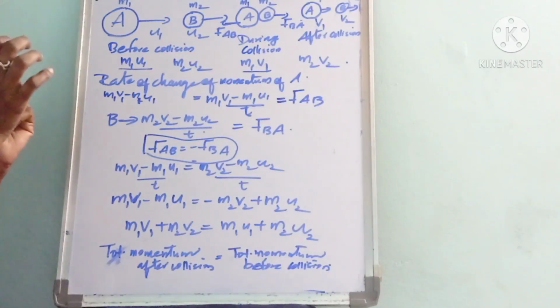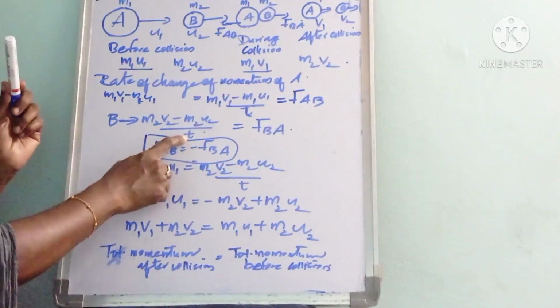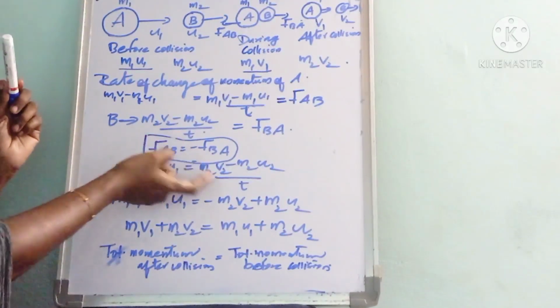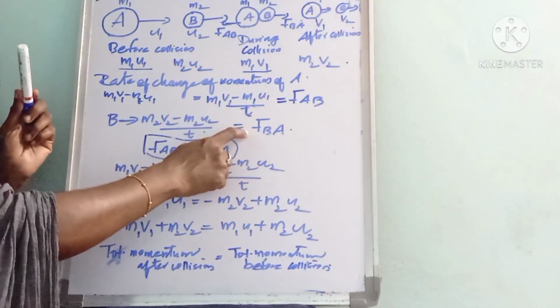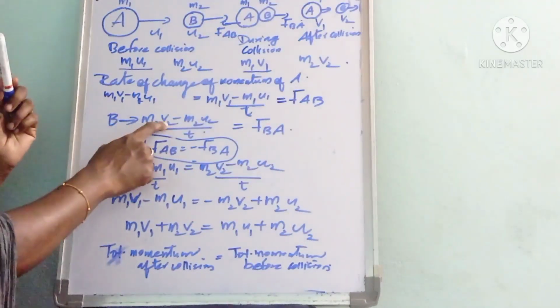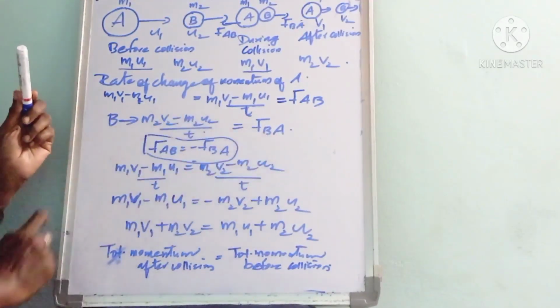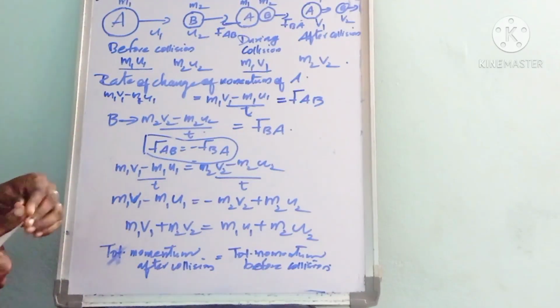Change in momentum divided by time. So (m2v2 minus m2u2) divided by t. That is the rate of change of momentum of B, which is equal to the force on object B. So we can write this equal to FBA. (m2v2 minus m2u2) divided by t is equal to FBA, by Newton's second law.